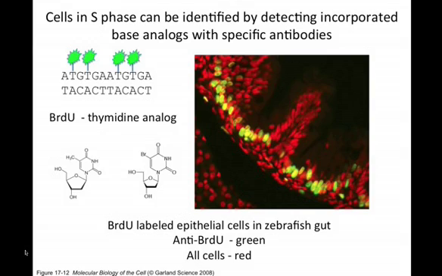So it could be as simple as screening drugs, or it could be looking at effects of some protein on something, or it could be looking at infection with a virus or bacteria or whatever. But as long as your question is whether S phase is affected, then you can use this assay. And that's why I'm introducing it, because it's an assay that researchers use to study cell cycle.